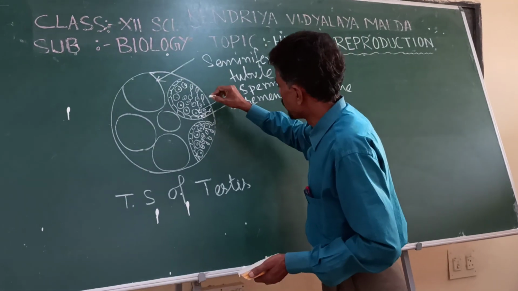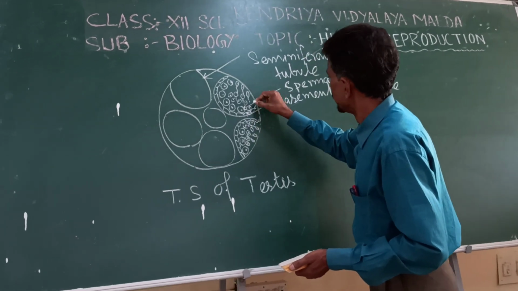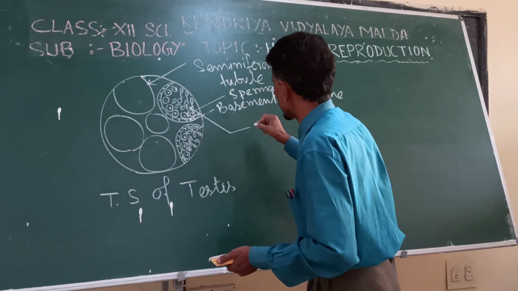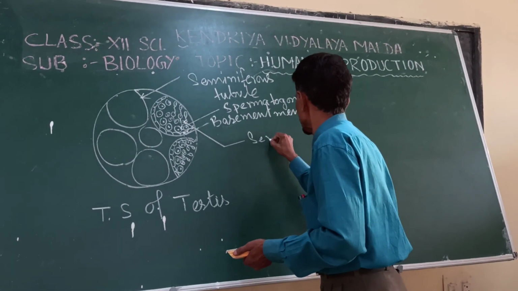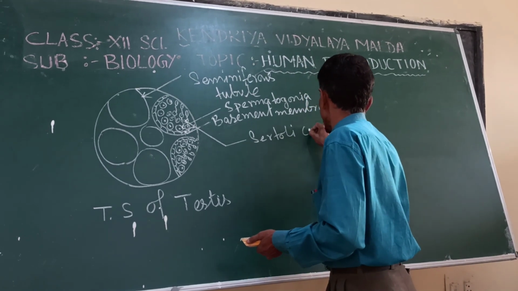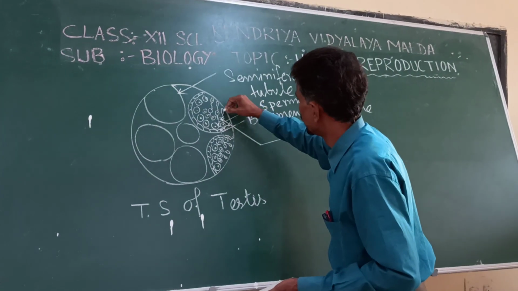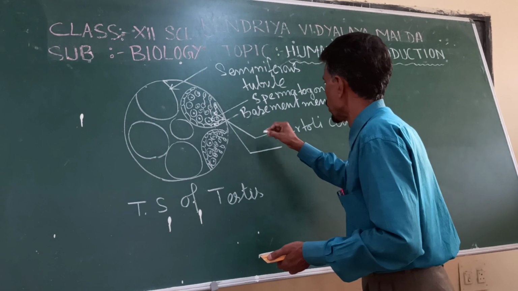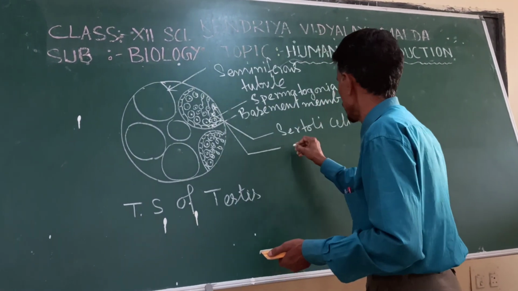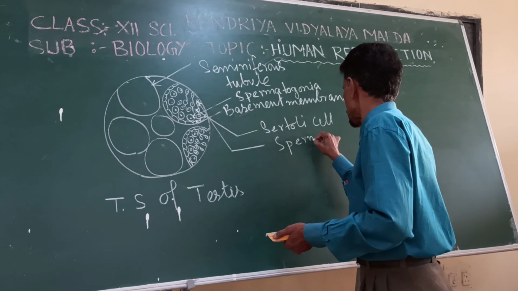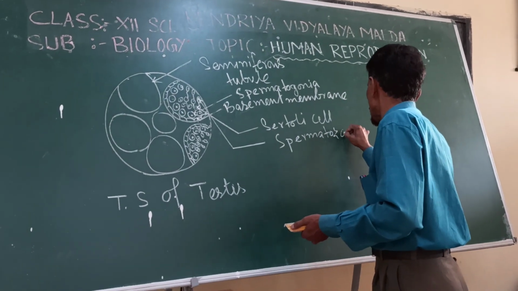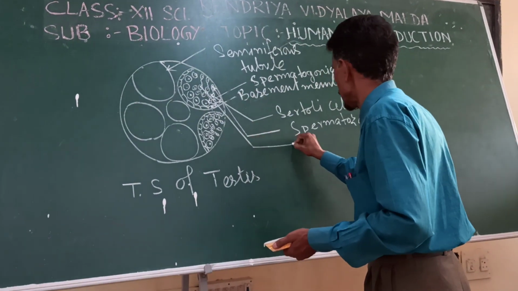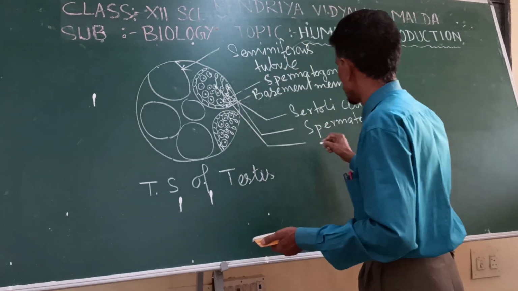Spermatogonia or spermatogonial cell, we have these cells called sertoli cells, and the spermatozoa or called mature spermatozoa, and these are the spermatid or immature spermatid.